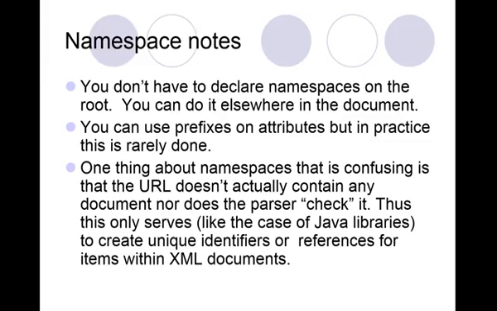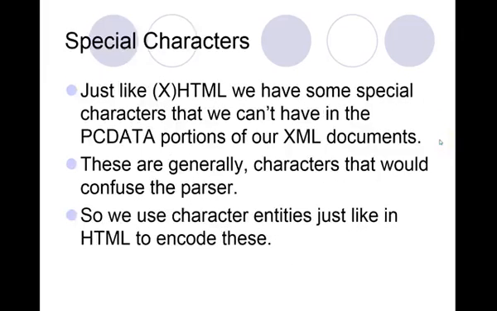It's not like the parser checks it. It only serves, like in the case of the Java libraries, to create unique identifiers or references for items within the XML documents.